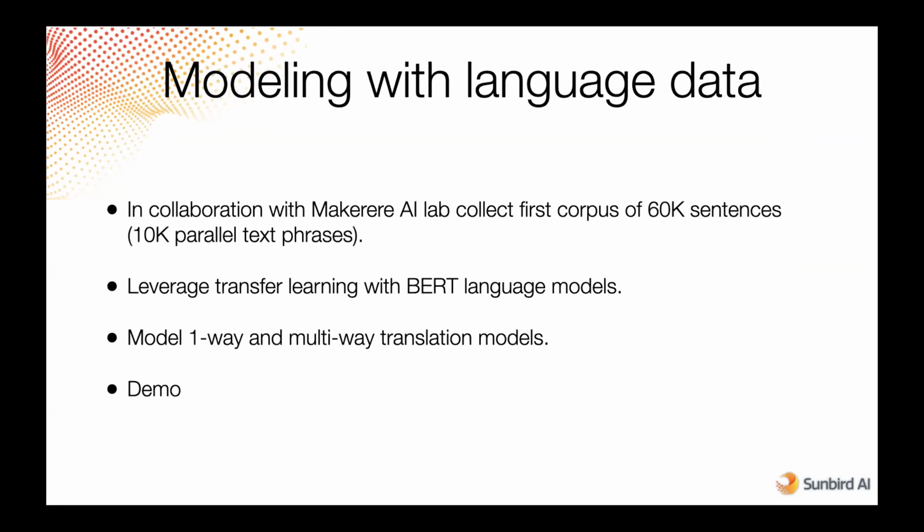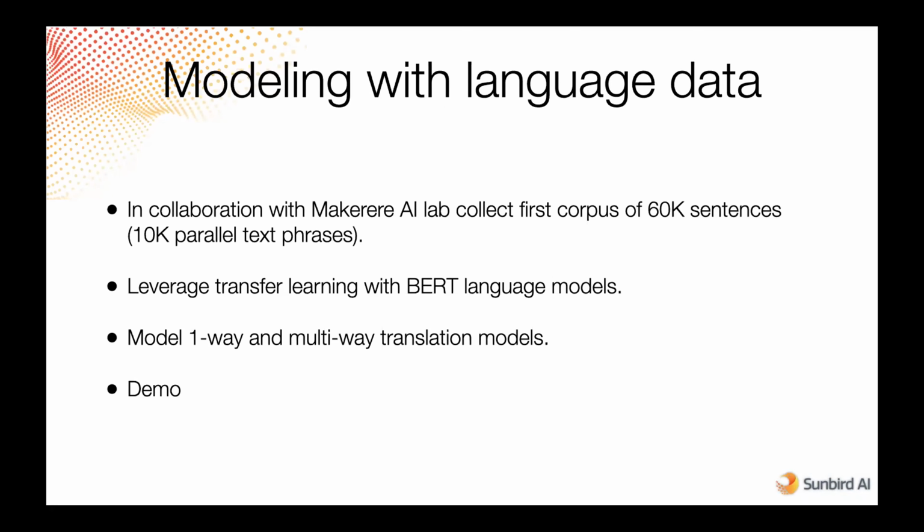All right, so we collected an initial set. I think we're still in the process of collection of about 60,000 sentences, which is about 10,000 parallel sentences. And we used transfer learning, the BERT language model. The idea was, how do we build base models?